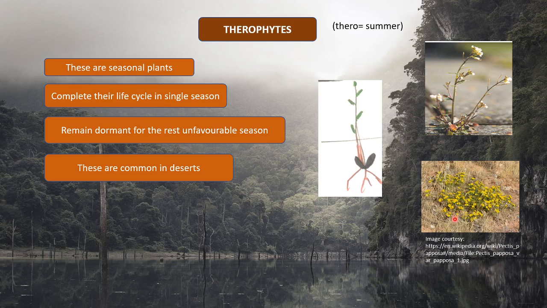Similarly, this is another plant called chickweed, whose scientific name is Stellaria media. This plant is also very small. It comes out when it receives favorable conditions, completes its life cycle in that one season and then becomes dormant again. So these are therophytes, which have to survive the summer.